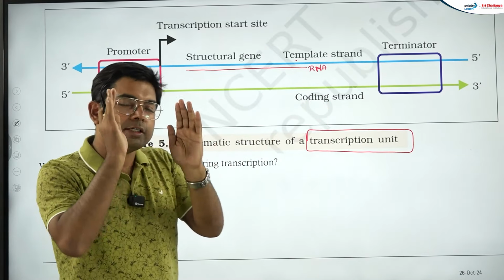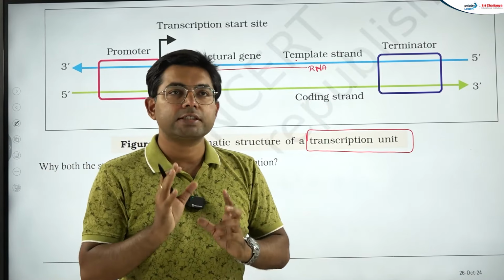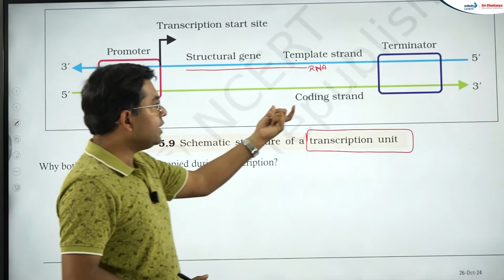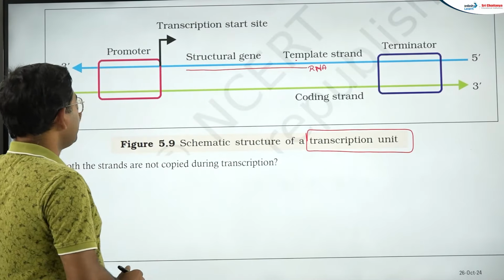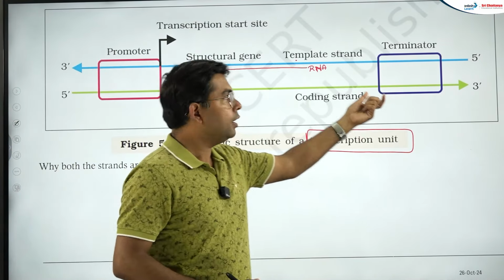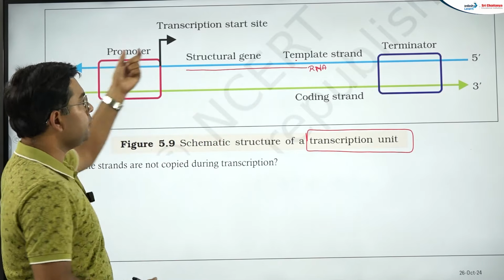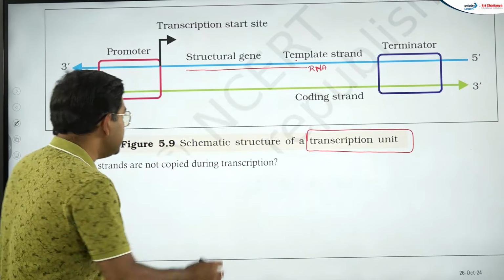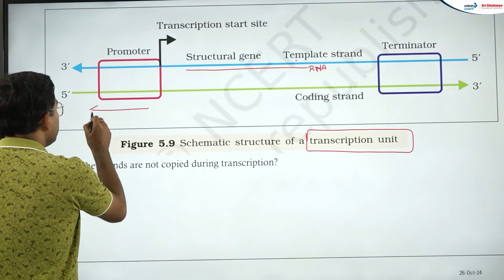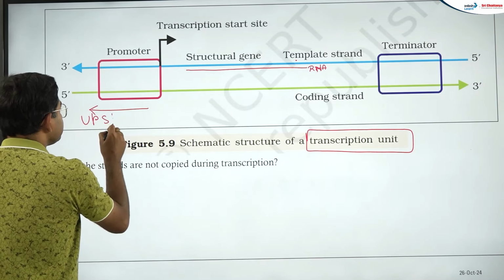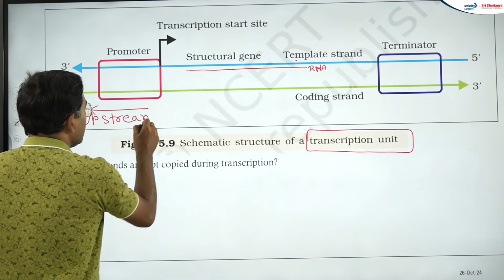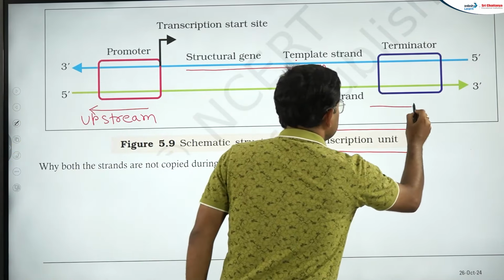So this point is very clear. Usually a question is asked that coding strand is 5 prime to 3 prime, template strand 3 prime to 5 prime. This side is called upstream and this side is called downstream.